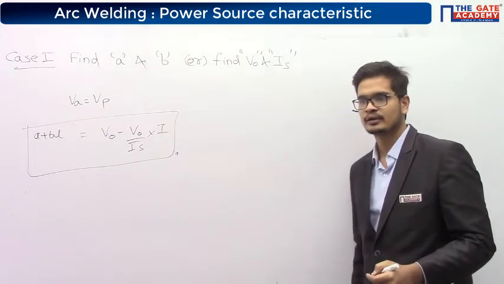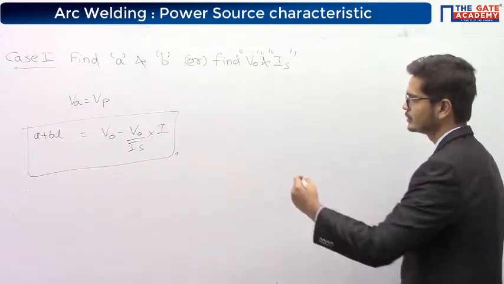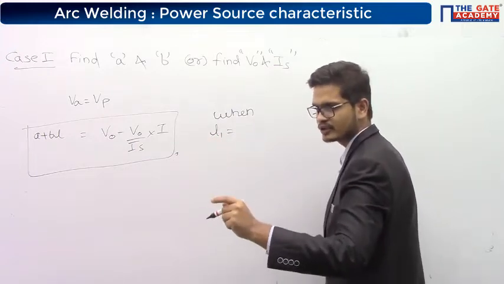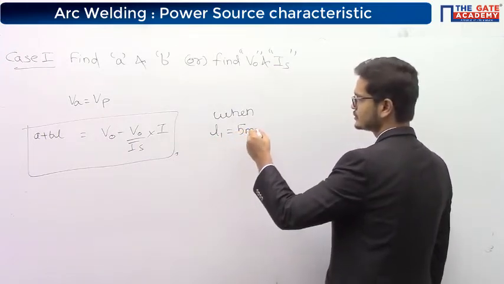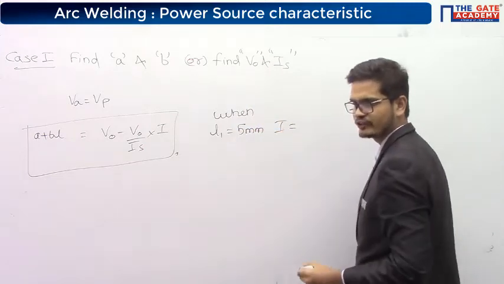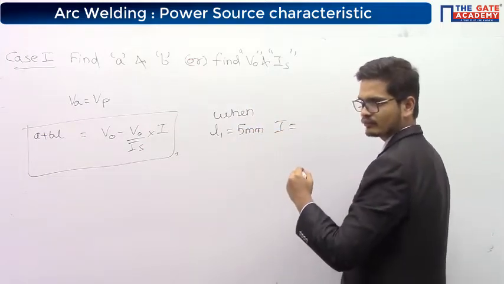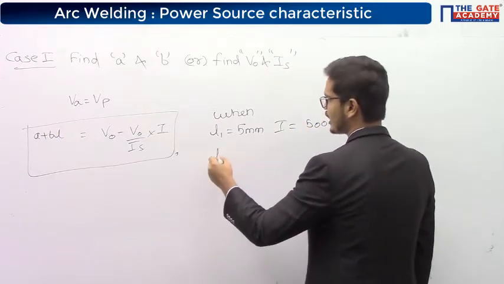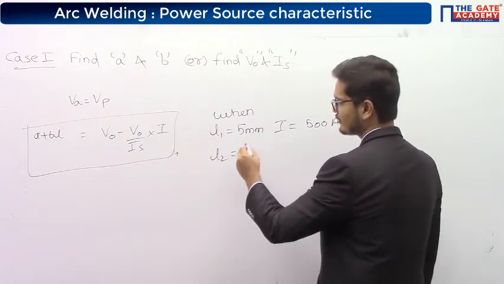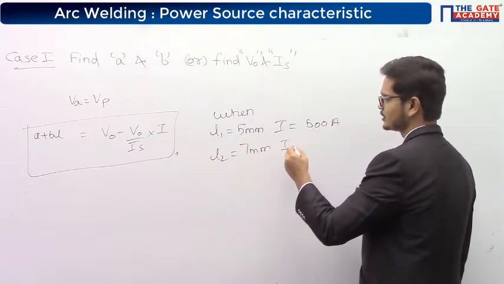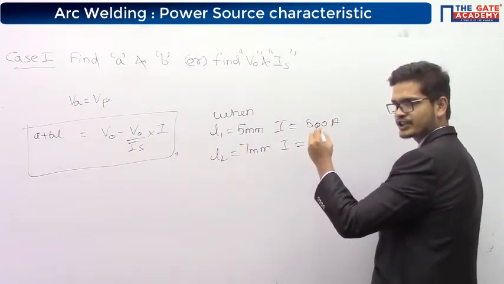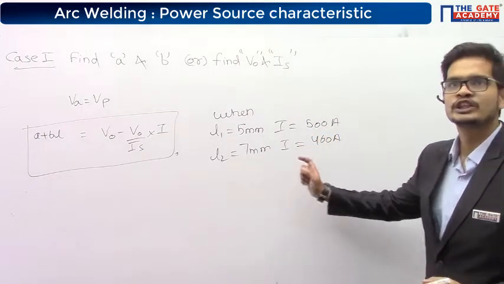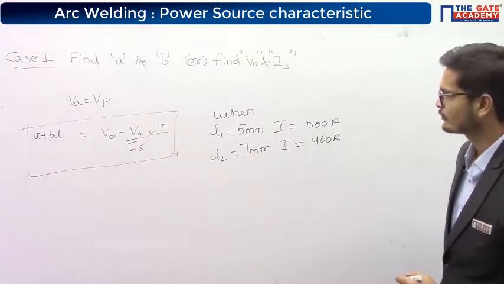Okay, so I'll start solving. We have two arc lengths. When the arc length is 5 mm, the current is 500 ampere. When the arc length is 7 mm, the current is 460 ampere. Let us put these values in the equation, and we'll get two equations.